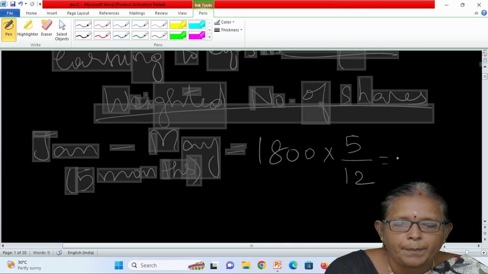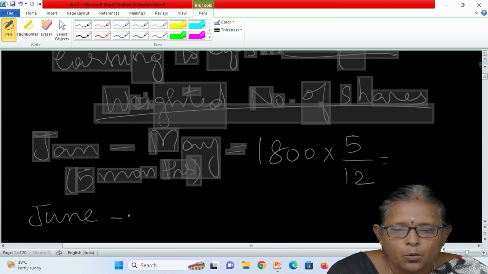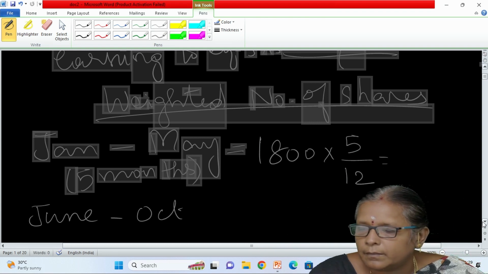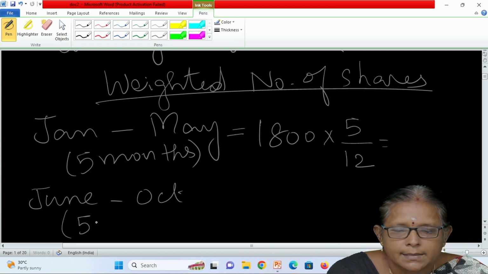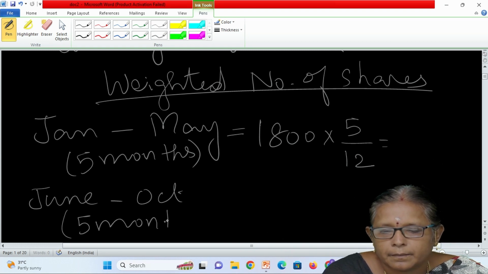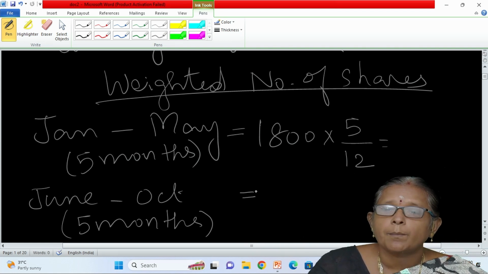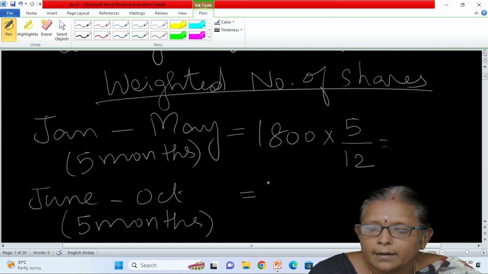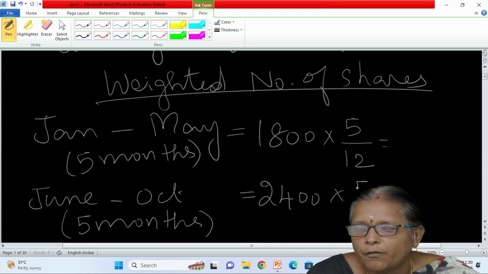And for the second period, that is June to October, this is also for 5 months. So 600 shares are issued. That is why it has become 2400 into 5 by 12.